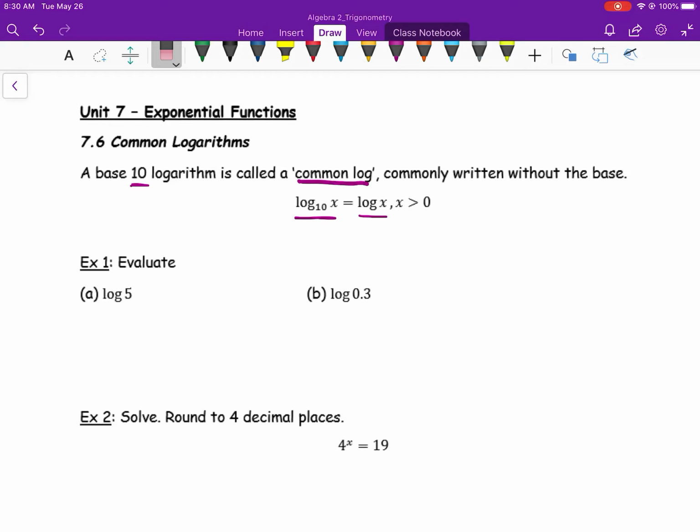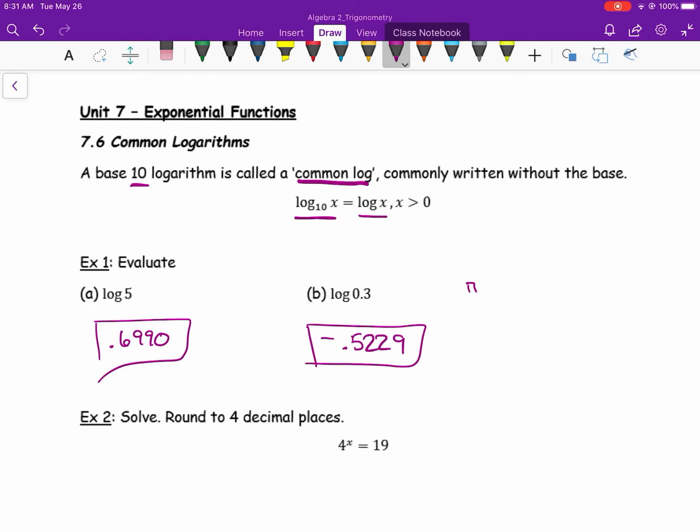Alright, a couple quick little ones to start off here. If we were in class, it'd be easier to do. To evaluate a logarithm, you just put log 5 in the calculator, and you should get 0.6990. If you put log 0.3 in the calculator, you get negative 0.5229.